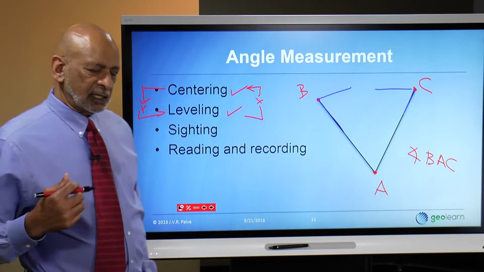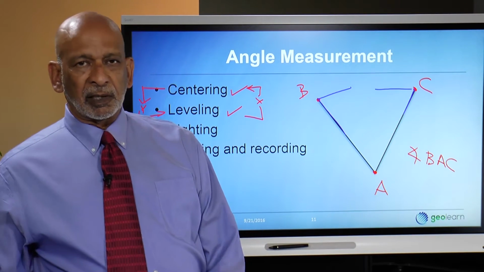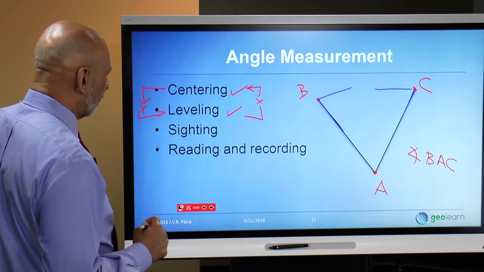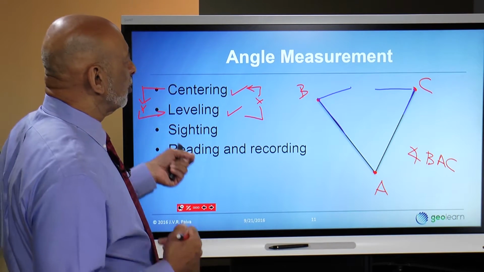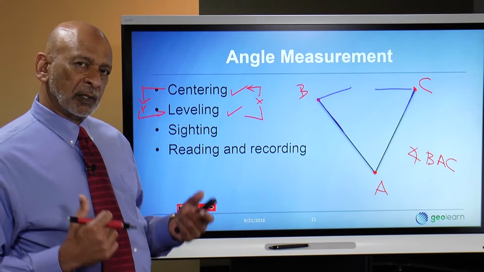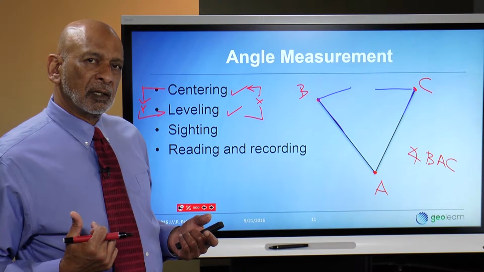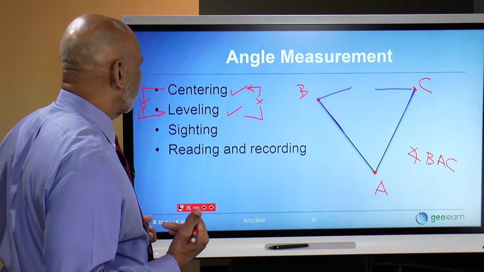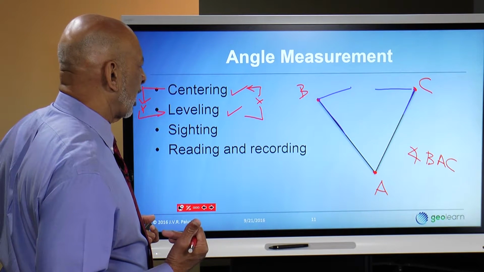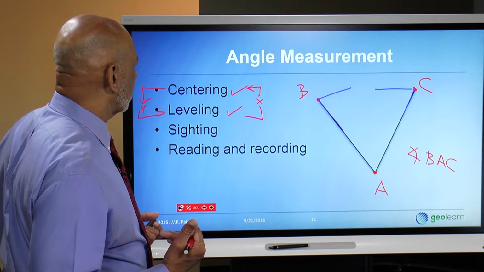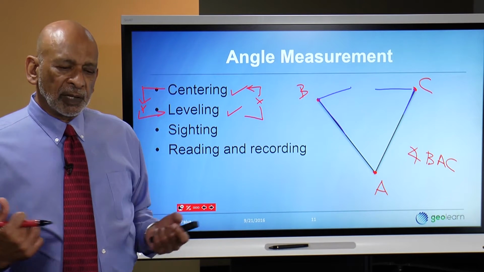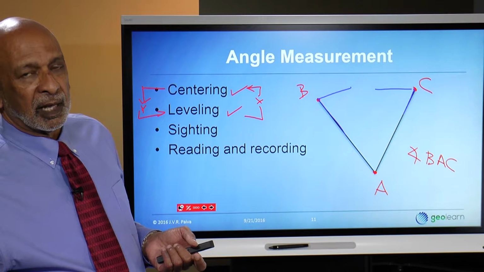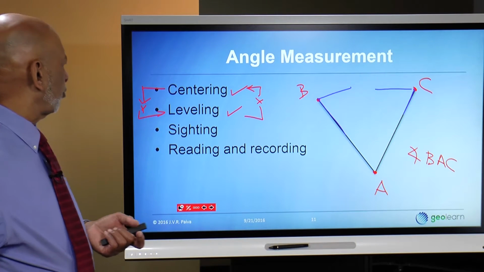So it takes some experience, it takes some attention, and it takes some understanding of the actual manipulation of the instrument on its tripod to be able to do this efficiently and quickly. I've seen people do this where they've taken a half hour to get the instrument leveled and centered, but in reality, if you know what you're doing, you should be able to get it done in 2 or 3 minutes.